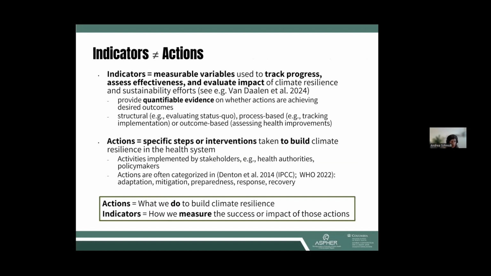Whereas actions are specific steps or interventions, so what I'm doing to achieve a goal, and that, of course, is linked to the indicator, because in the end, it will increase the value of my indicator. So actions are activities implemented by stakeholders, and often, for example, could be in the area of adaptation, mitigation, preparedness, response, or recovery, whereas the indicators are how we measure the success or the impact of these actions. So they're linked, but they're not the same.